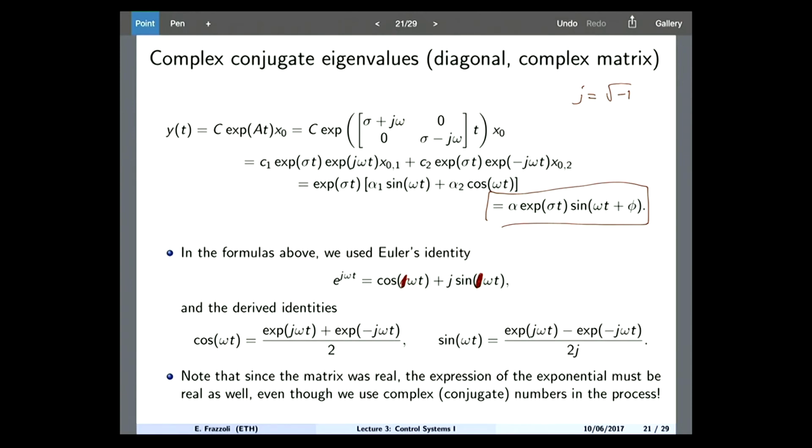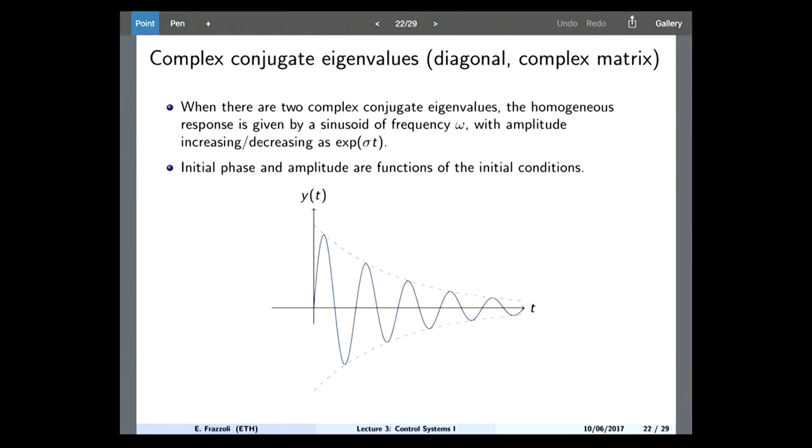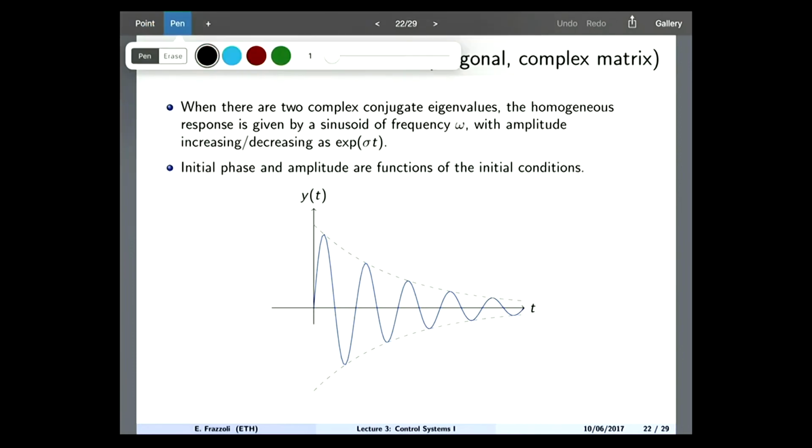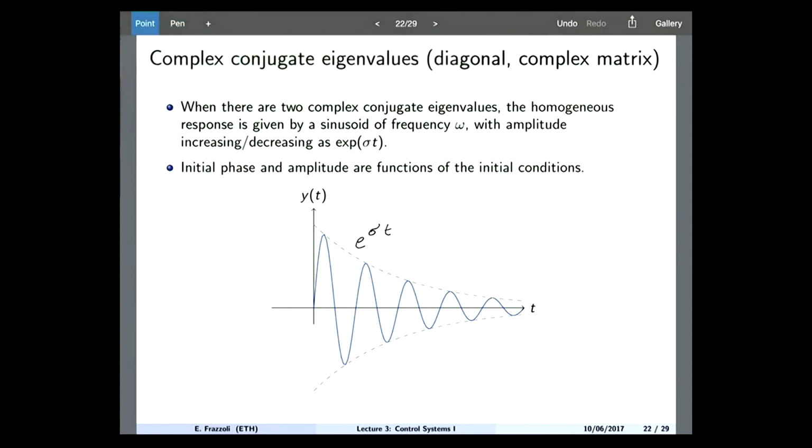In particular, what does this function look like? We have an exponential, e to the power sigma t, and this exponential gets multiplied by a sine wave, right? And by the way, what is the period or the frequency of this sine wave?